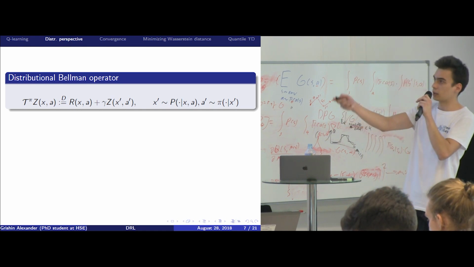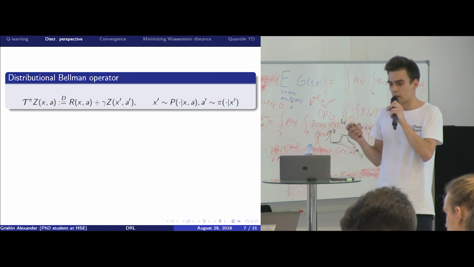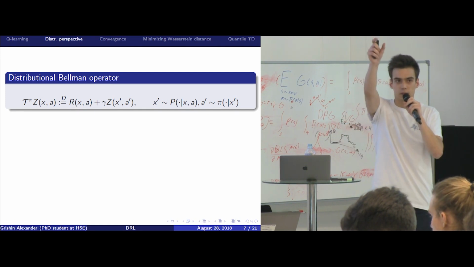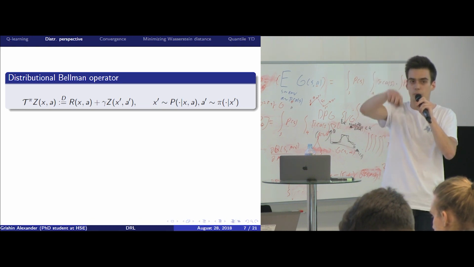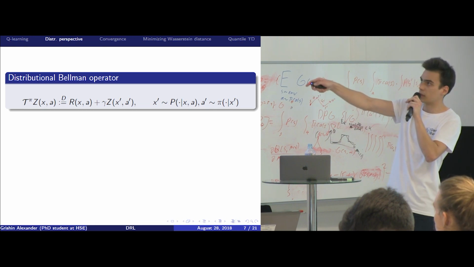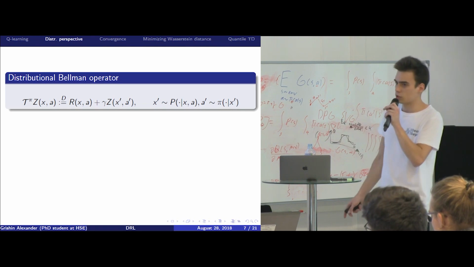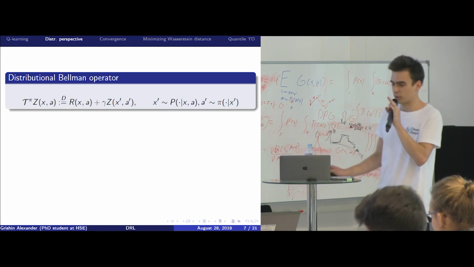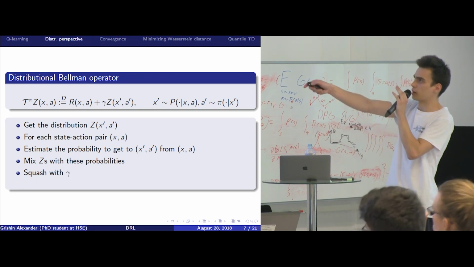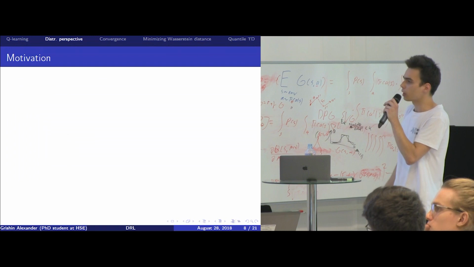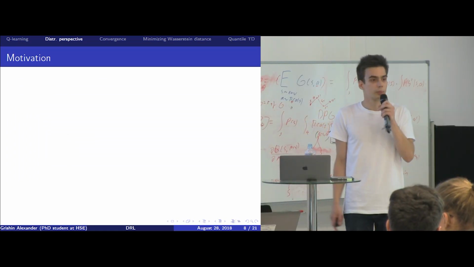So in fact, this operator just weights all these distributions with the probabilities of these state action pairs, plus the reward, and squashes the distribution with gamma. It should be an intuition, but okay.